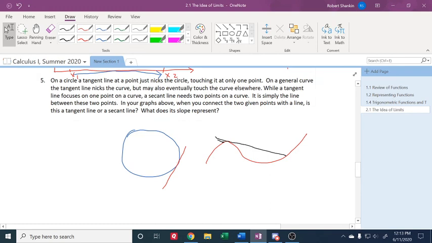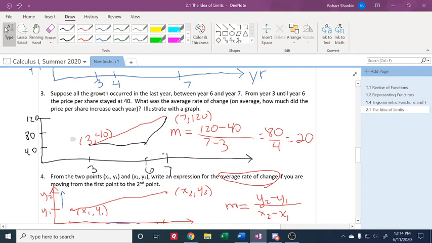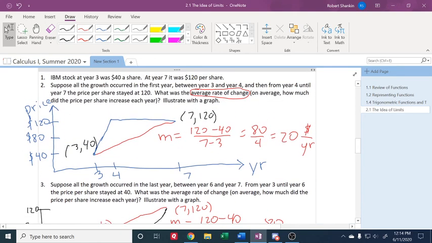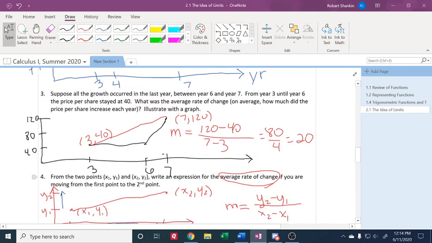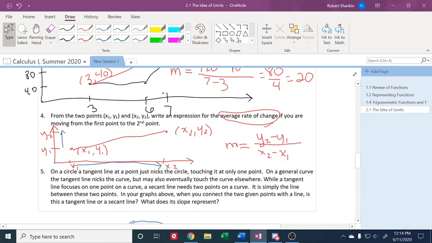While a tangent line focuses on one point on a curve, a secant line needs 2 points on a curve. And a secant line is simply the line between the 2 points. Now, in your graphs above, when you connect the 2 given points with a line, so over here we connected 3, 7, and then over here, these same 2 points.